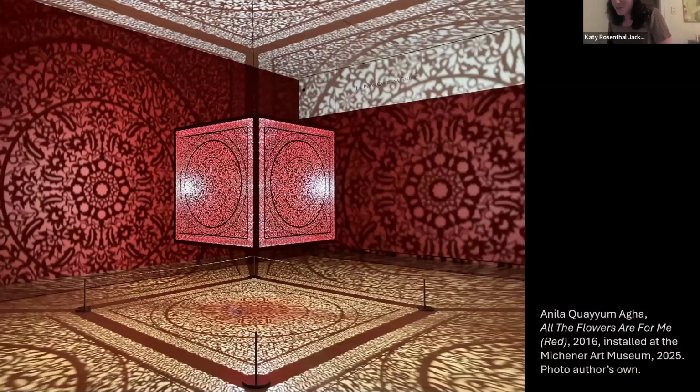As Joshua set up really nicely, there's so much that we could talk about in conversation between textiles and Agha's work. But I want to really focus on two elements, which are pattern and light.